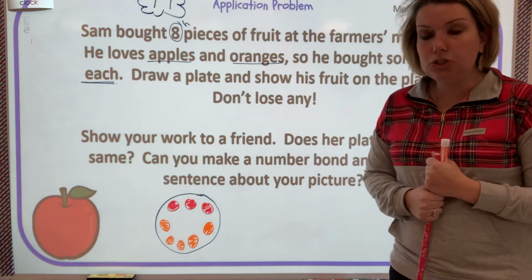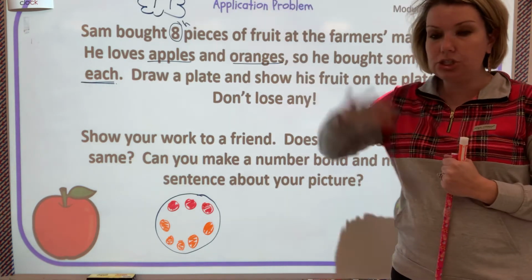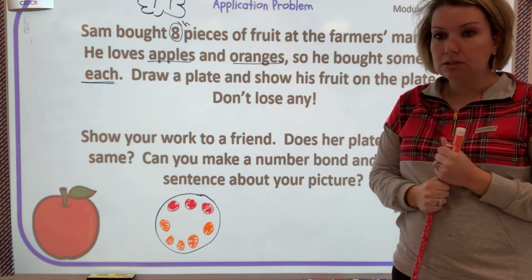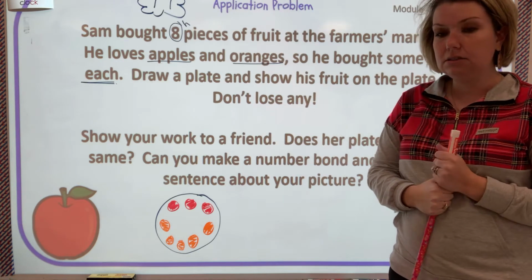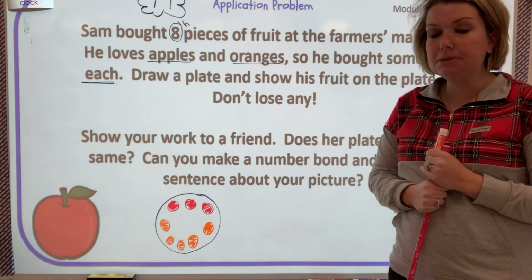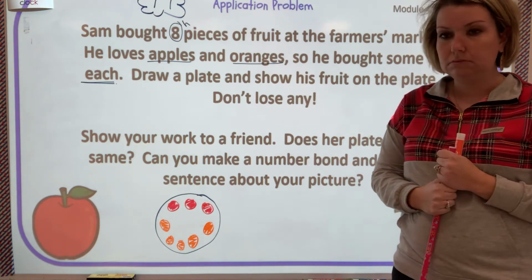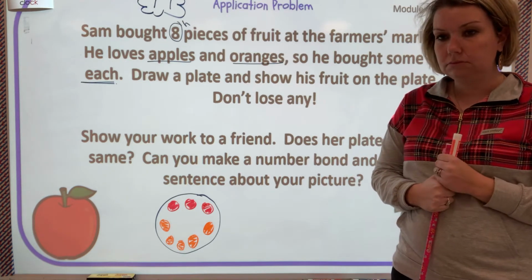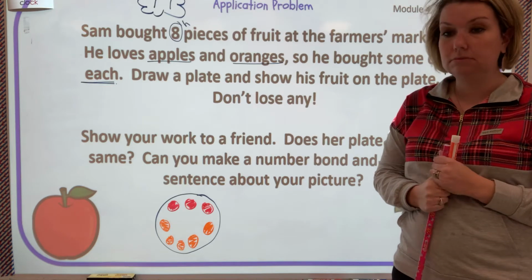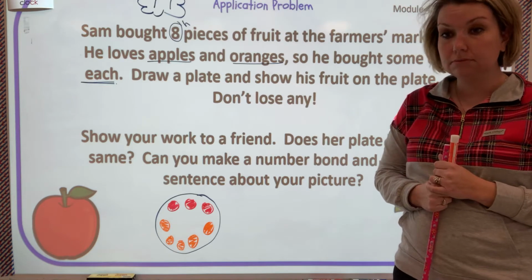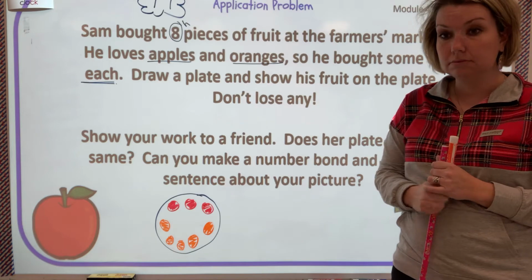What pairing did you show? Raise your hand and share. Adeline? How many apples and oranges do you have? I shared 2 oranges, and 4 red apples.